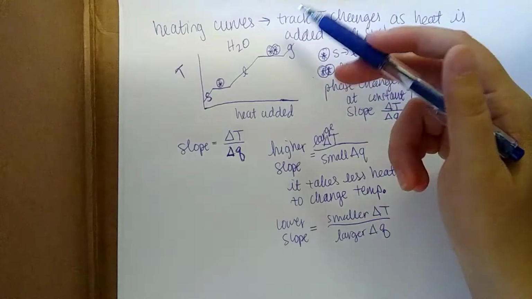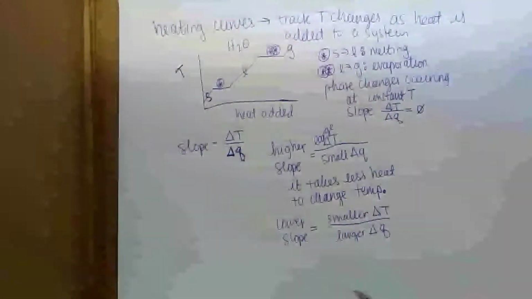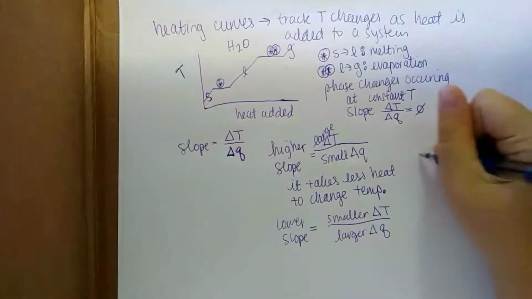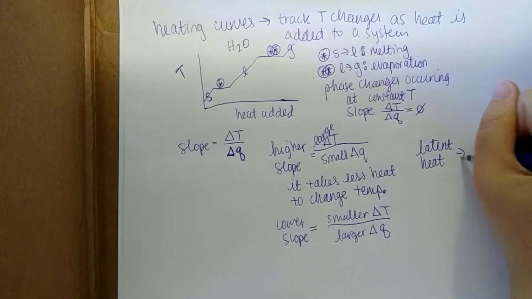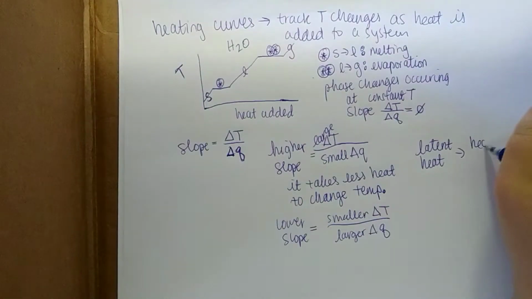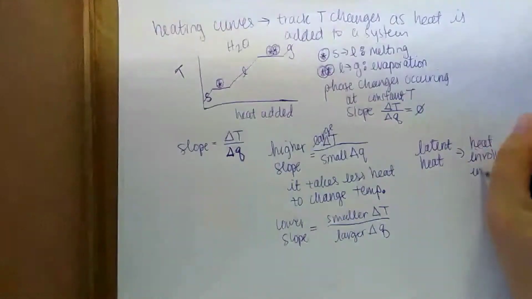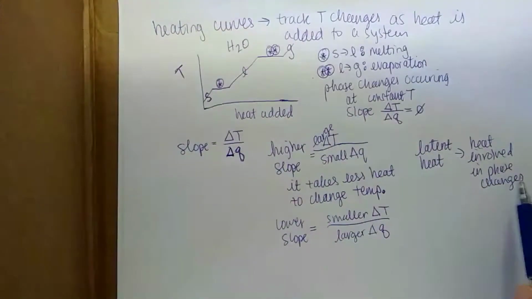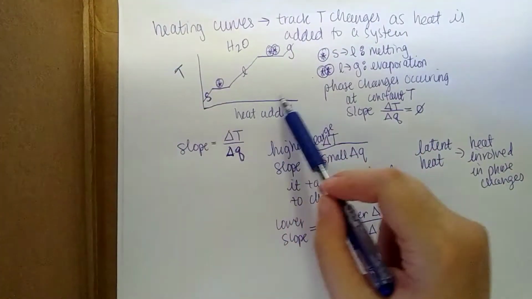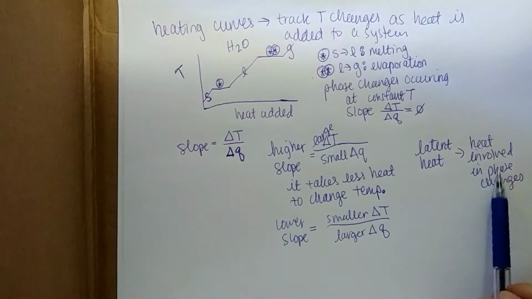What else? The last thing they mentioned that I think we didn't talk about in class is this idea of latent heat. So let me write it here, latent heat. And this is just the heat involved in the phase changes. And if you can identify where the phase changes are on this graph, you should be able to identify the latent heat.